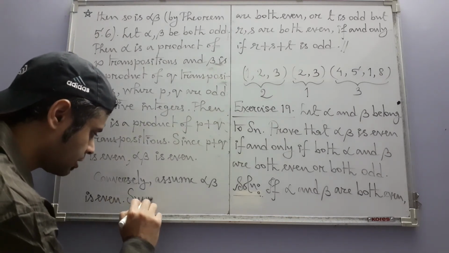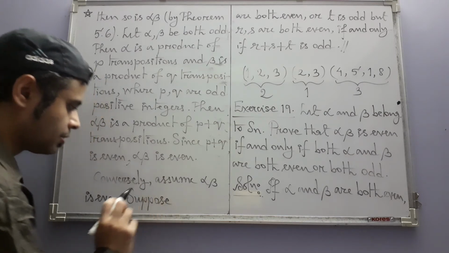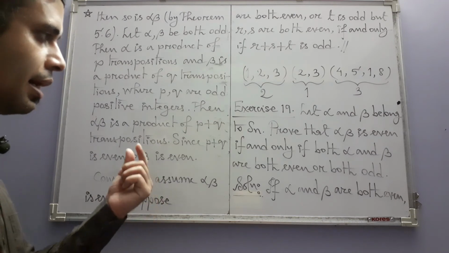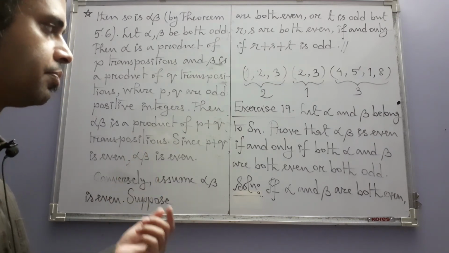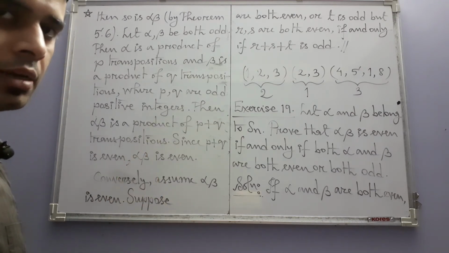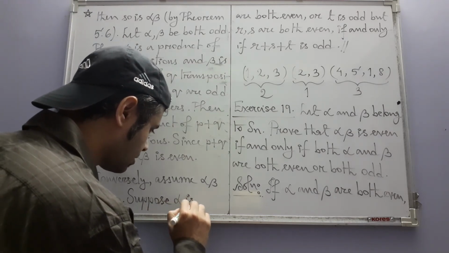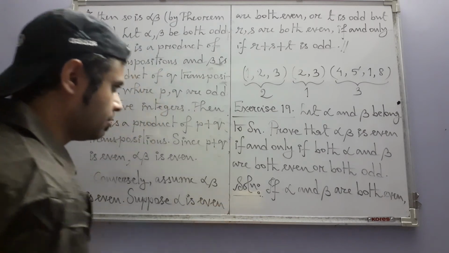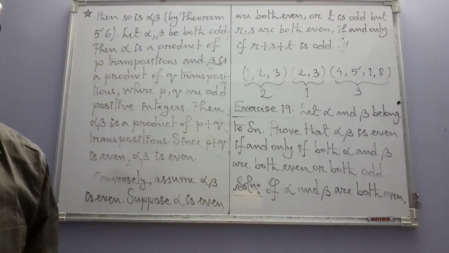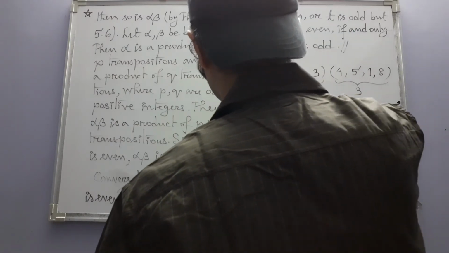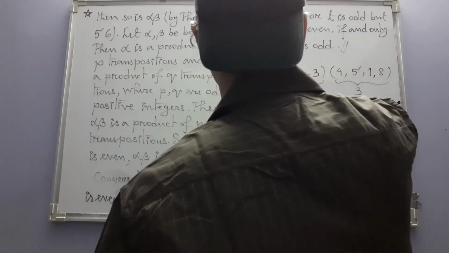Suppose that is not the case. That means one of these two things will happen: alpha is even and beta is odd, or beta is even and alpha is odd. Suppose alpha is even and beta is odd, and we will derive a contradiction showing that this supposition is wrong.